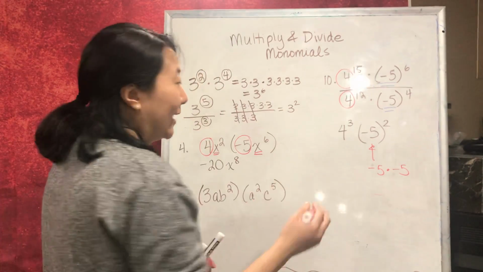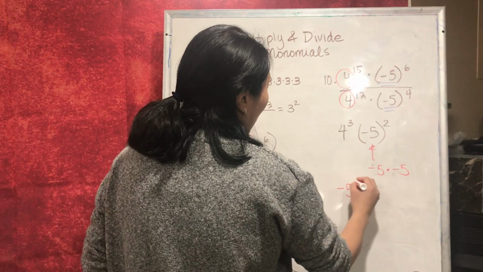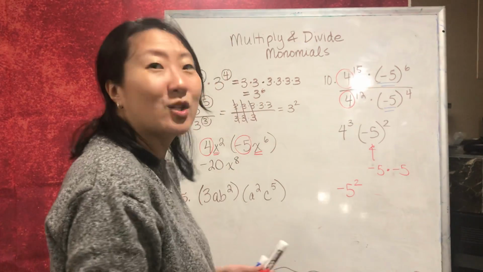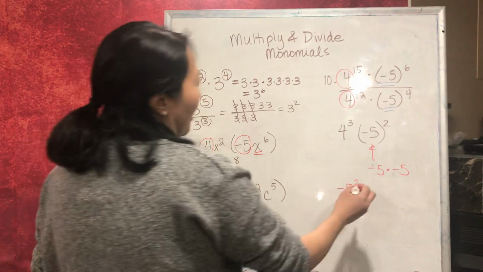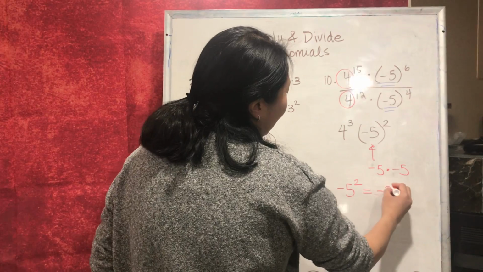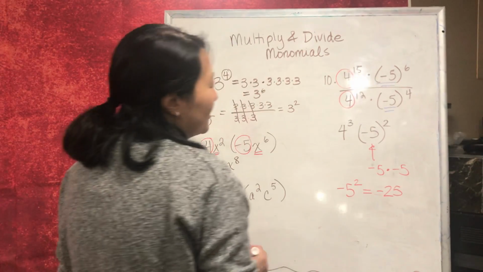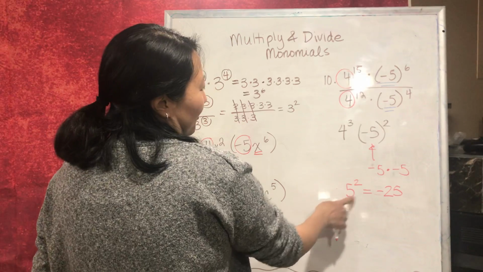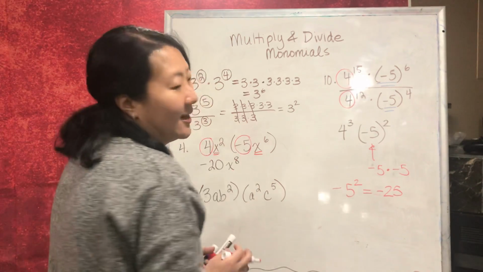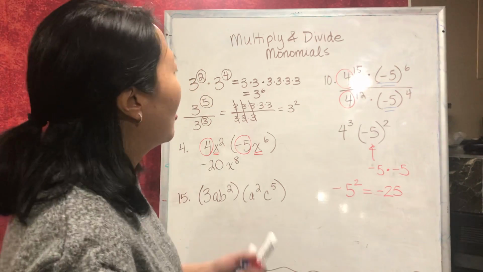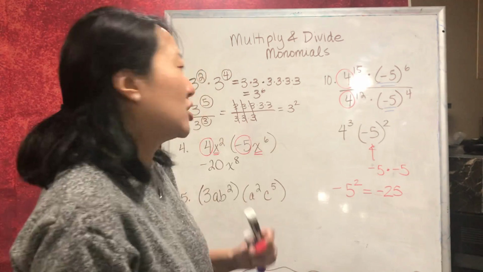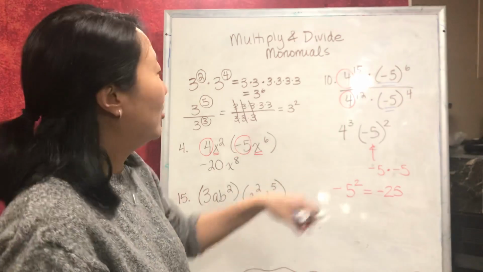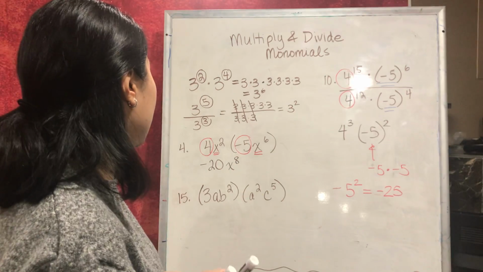If you put negative 5 squared with no parentheses in your calculator, chances are it's going to tell you it's negative 25. The reason is that it's squaring the positive 5 first, and then sticking the negative sign in front. So to make sure that we're squaring the negative number, we put parentheses around it.